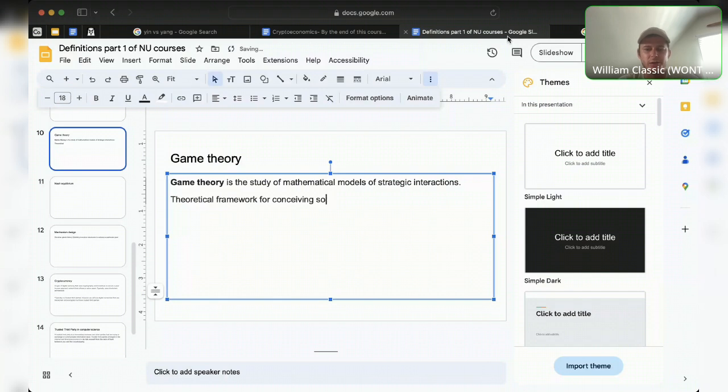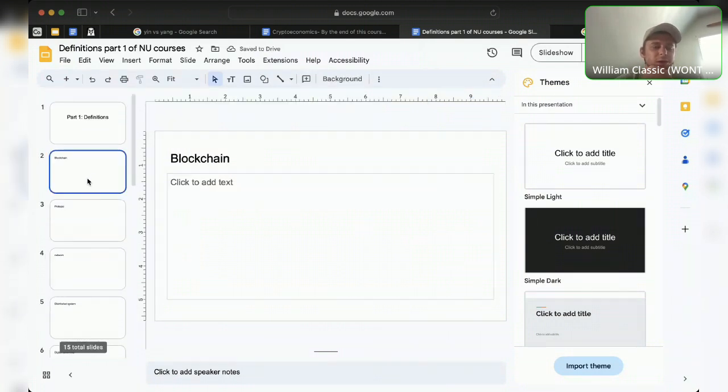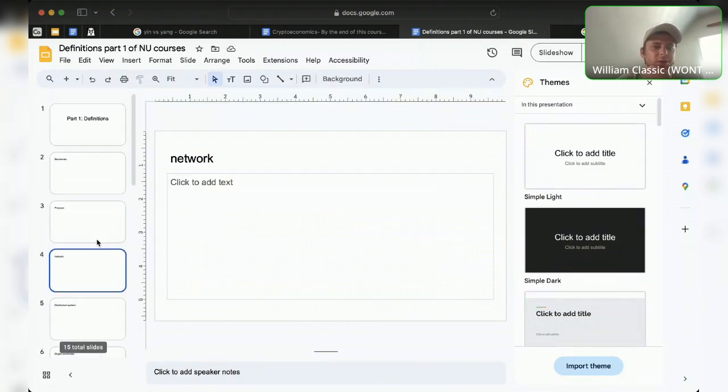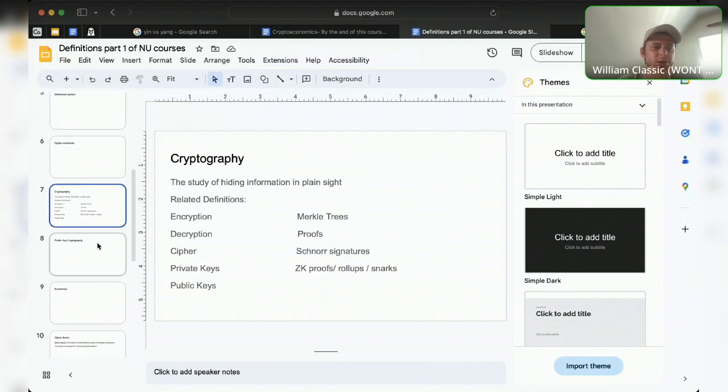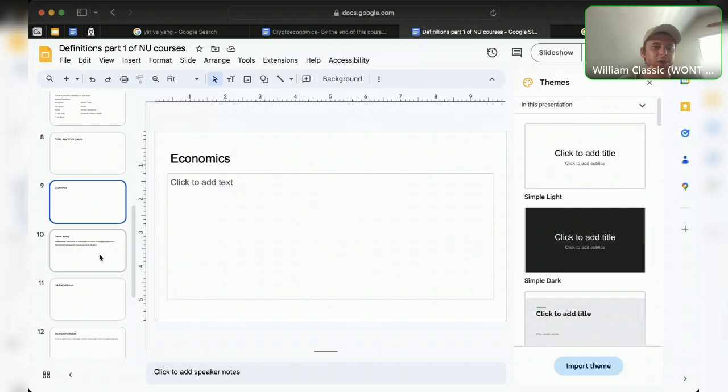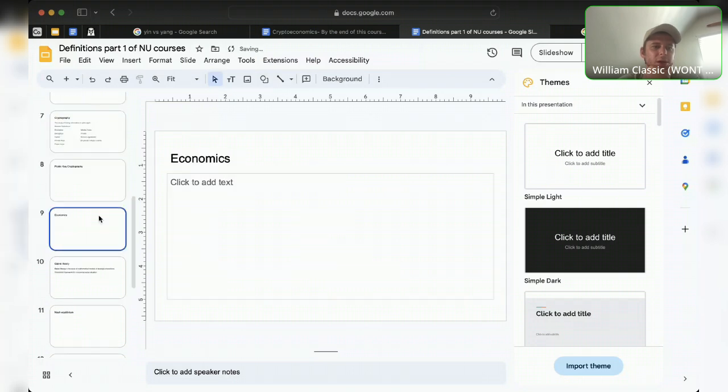And the reason why game theory is in everything is because almost everything is social and economics and finance. So, all right, let's just go over it again. Blockchain protocol, this is the definitions. Network, distributed system, digital currency, cryptography, public key cryptography, and all the other ones.